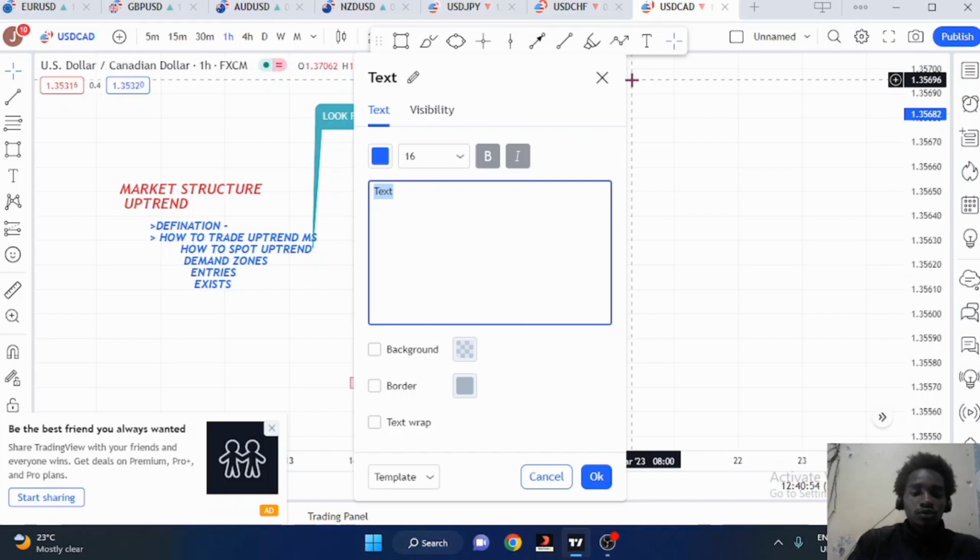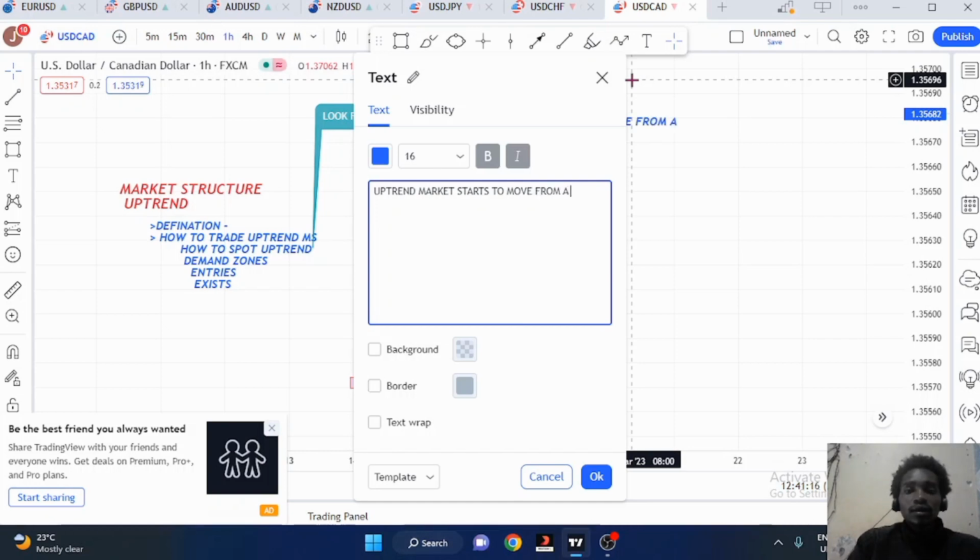Therefore, you will have to understand that an uptrend market starts to move from a specific zone.